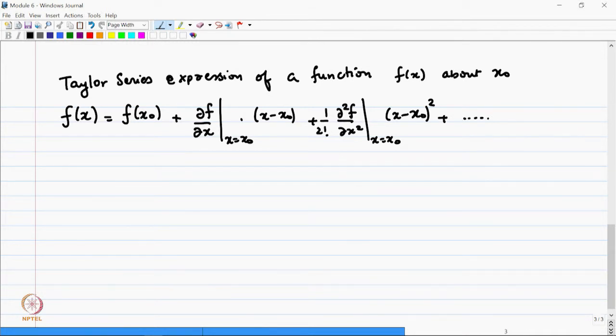This is an infinite series. It is called the Taylor series, it goes all the way to infinity. Series expansion of a function.